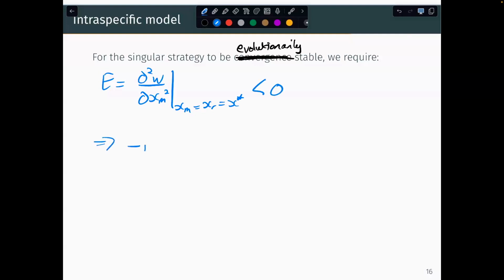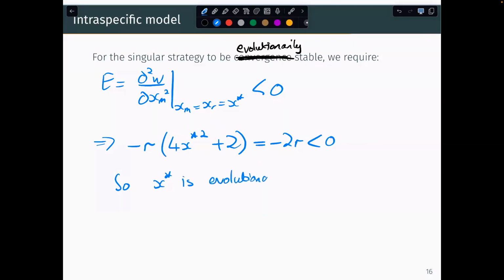Through a rather messy calculation, we found this to be minus r times (4 x star squared plus 2), which is equal to minus 2r, which is negative because we assumed that r was positive at the start. So we showed that x star is evolutionarily stable. Again, from lecture 11.